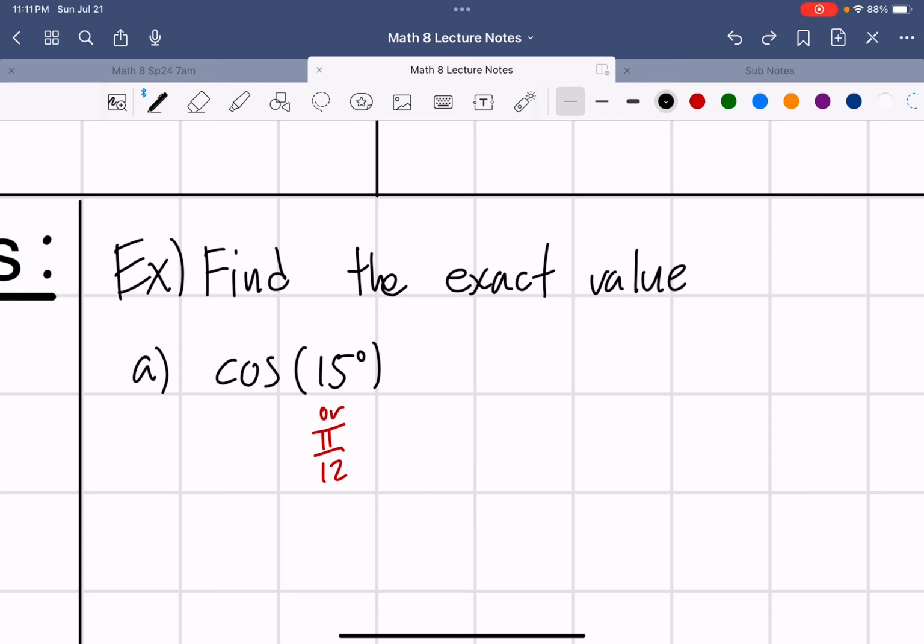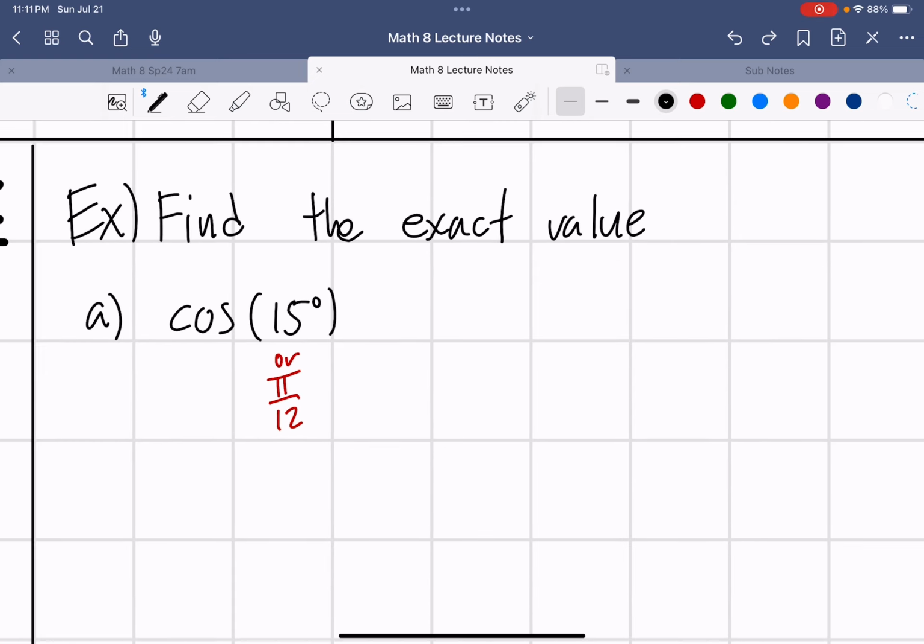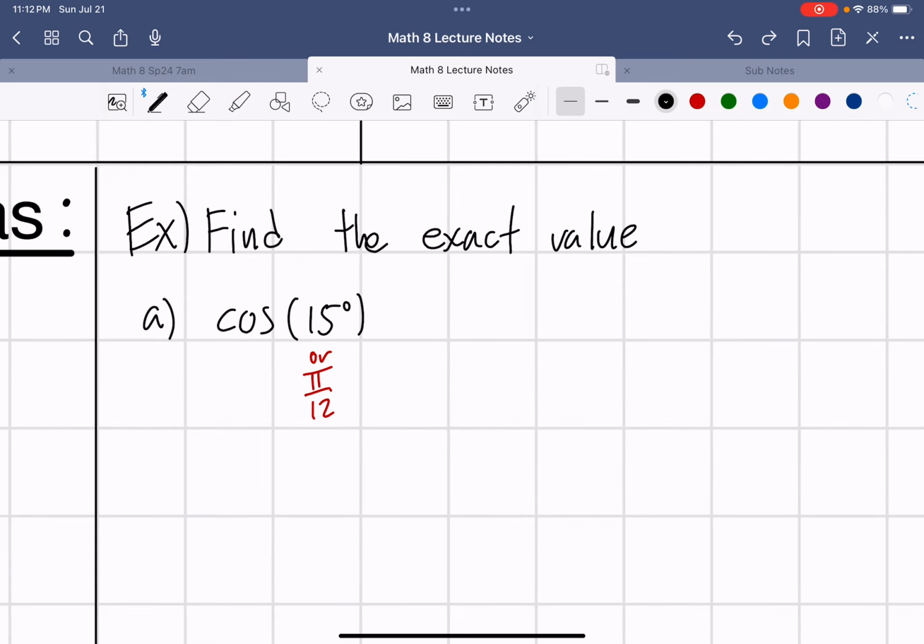Now, it's not going to look like the same answer from the sum and difference formulas, but the overall value, if you're plugging into a calculator, will give you the same thing. It just looks different. If you were to simplify it, you can get to the correct answer. Just like the sum and difference formulas, you always want to have the original value still in the argument.